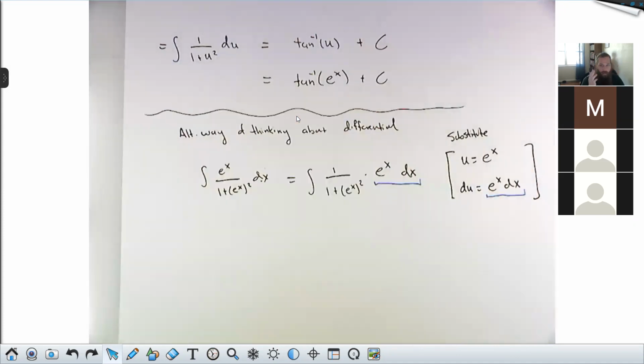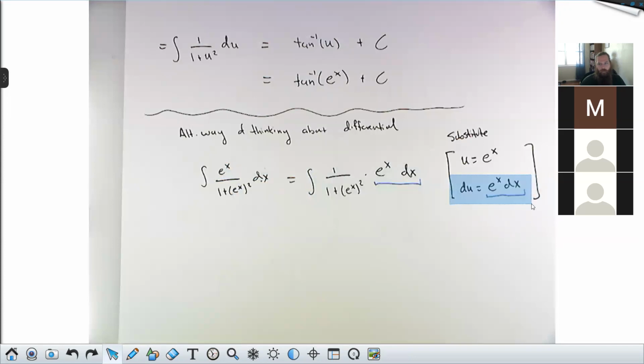So if you can think ahead a little bit and put the derivative of your inner function next to the differential, if it is already there, if the derivative of your inner function, here my inner function is e to the x, its derivative is e to the x, if you have a copy of g primed to set over here next to dx, like we've done here, it can make it easier to see what to do with the differential.